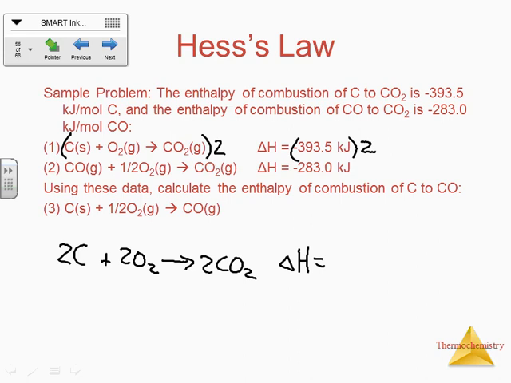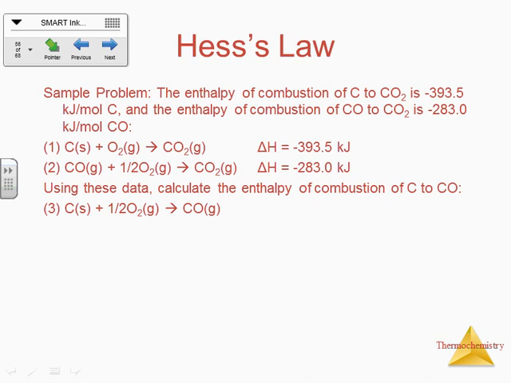So that would be whatever that is times 2. I should be able to do this. Negative 787 kilojoules. I think that's right. Okay, so that's how that works. Again, for this particular problem, I don't know that you're going to have to multiply that one by 2. We'll have to take a look at it. But those are some of the things that you can do to manipulate these equations.